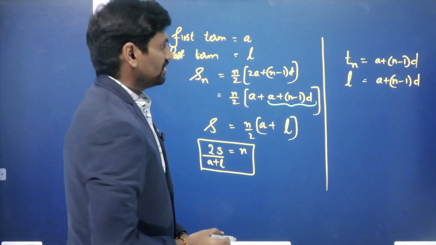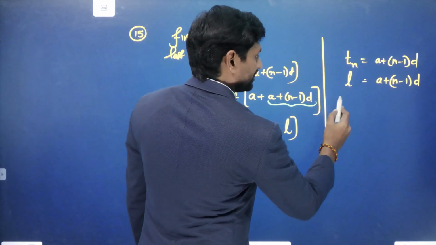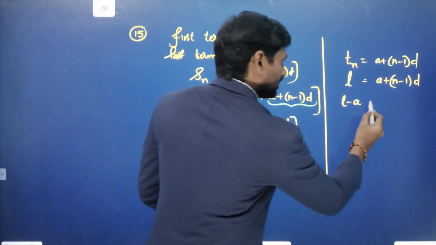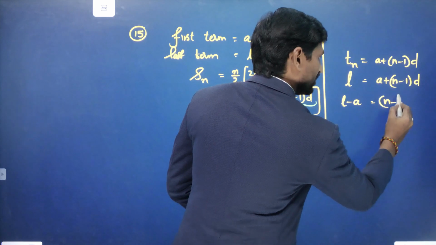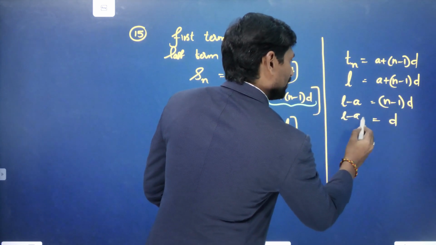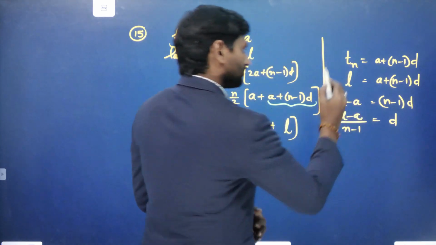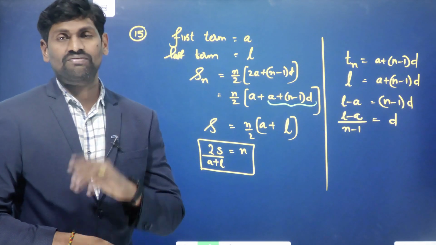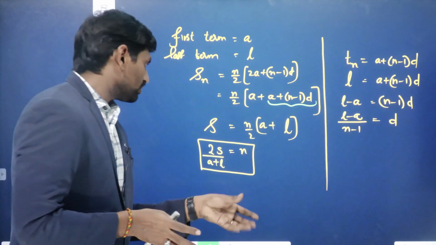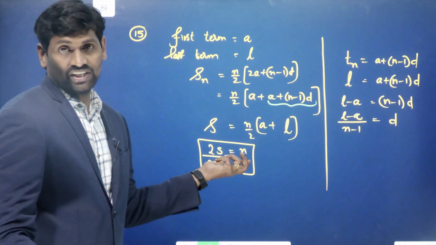Now plus a, bring this side, becomes minus a, it will be l minus a equals n minus 1 into d. So from this, d is equal to l minus a by n minus 1. We got the difference value d is equal to l minus a by n minus 1, but the d includes the term S because it is given S.